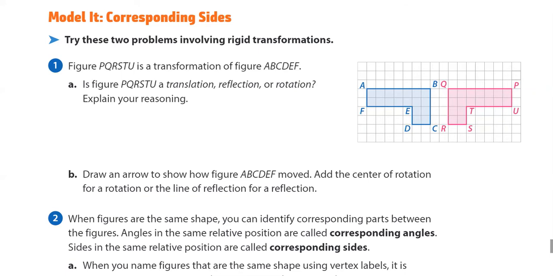Okay, so, well, it didn't just slide. So remember, the translation is the one where you slide, and it didn't just slide because it's got a new orientation. It's flipped. And the one that's flipped is the reflection. Okay, and that's really all there is to it. So it's a reflection because it's flipped.